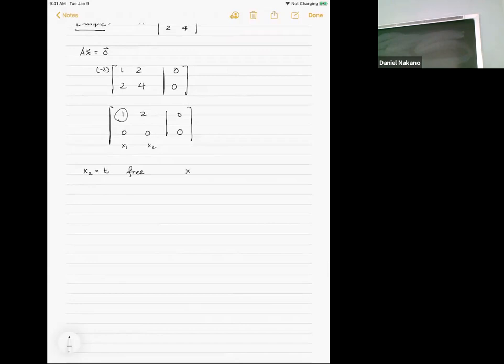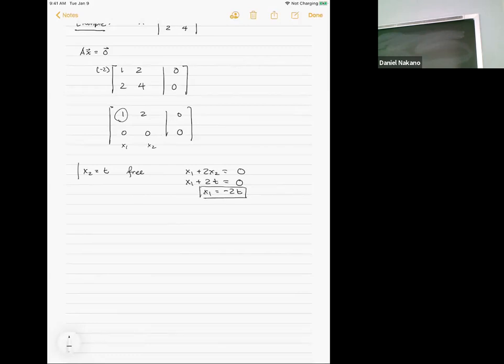And then we just back substitute to get the solution. We have x1 plus 2x2 equals 0, so x1 plus 2 times t is equal to 0. x1 is equal to minus 2t.